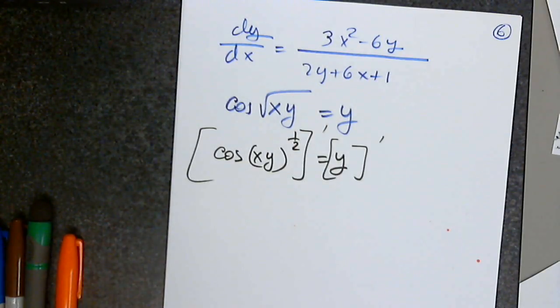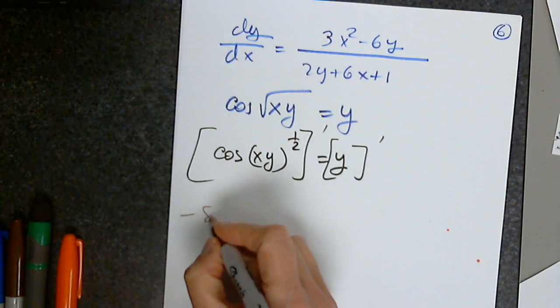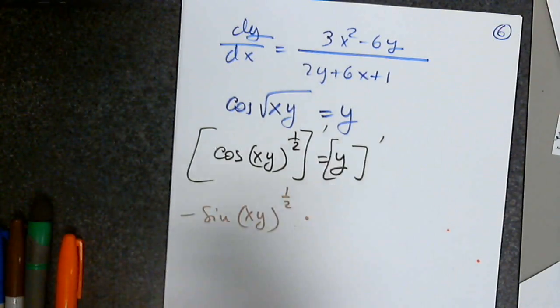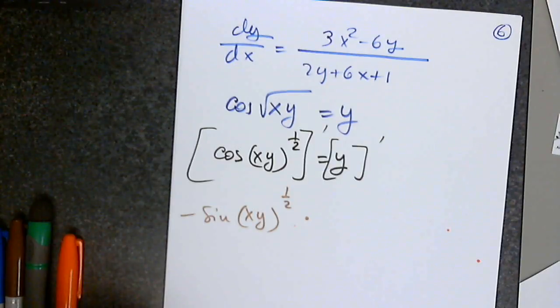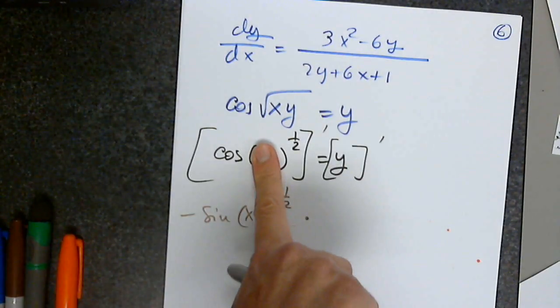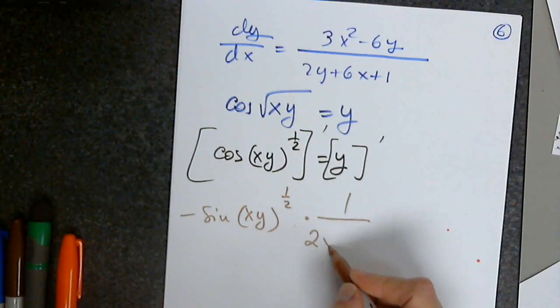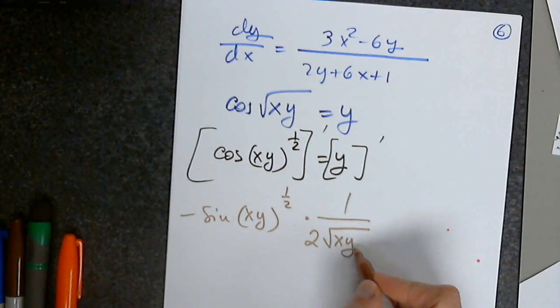What do I have to write first? What is the derivative of cosine? Negative sign. Very good. Negative sine of xy raised to 1/2 times 1/2 the square root of xy.